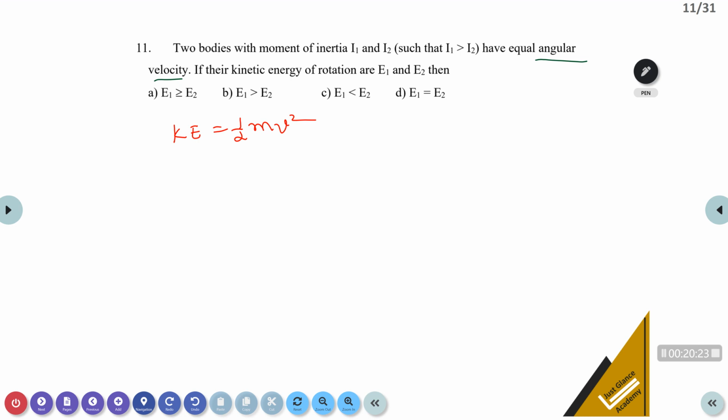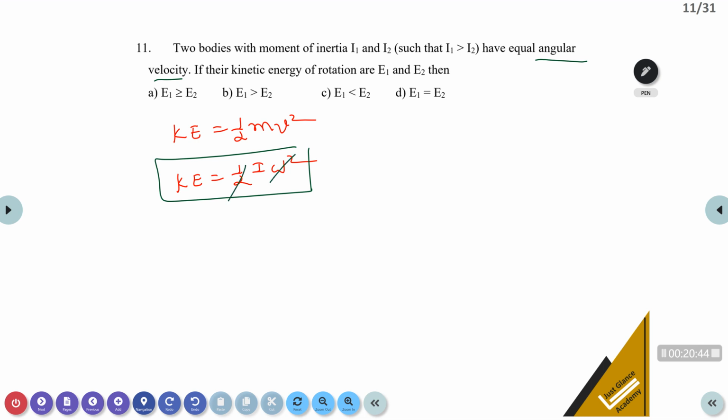The equivalent term in rotational motion is half I omega square. They have equal angular velocity, that means omega is the same.